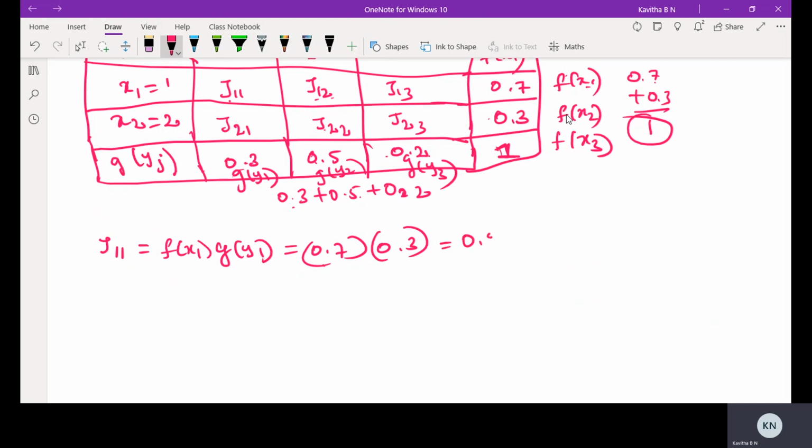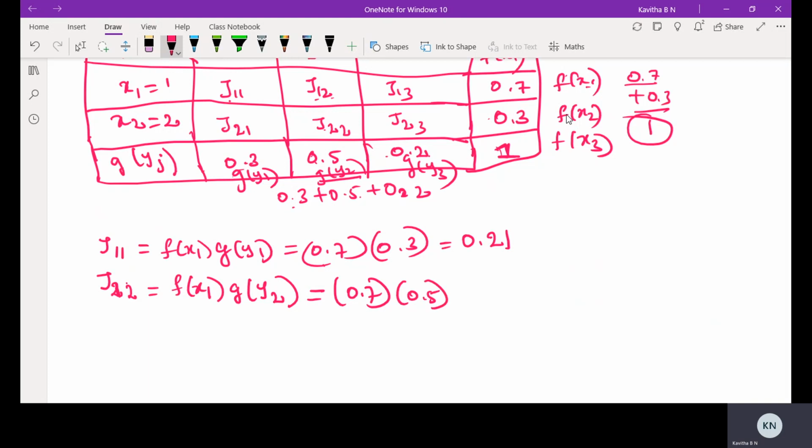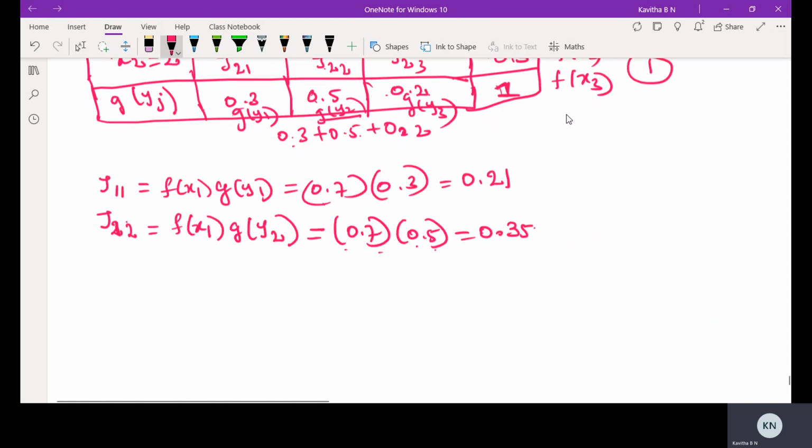Similarly, J12 is f of x1 into g of y2. f of x1 is 0.7, g of y2 is 0.5. 0.7 into 0.5 is 0.35.